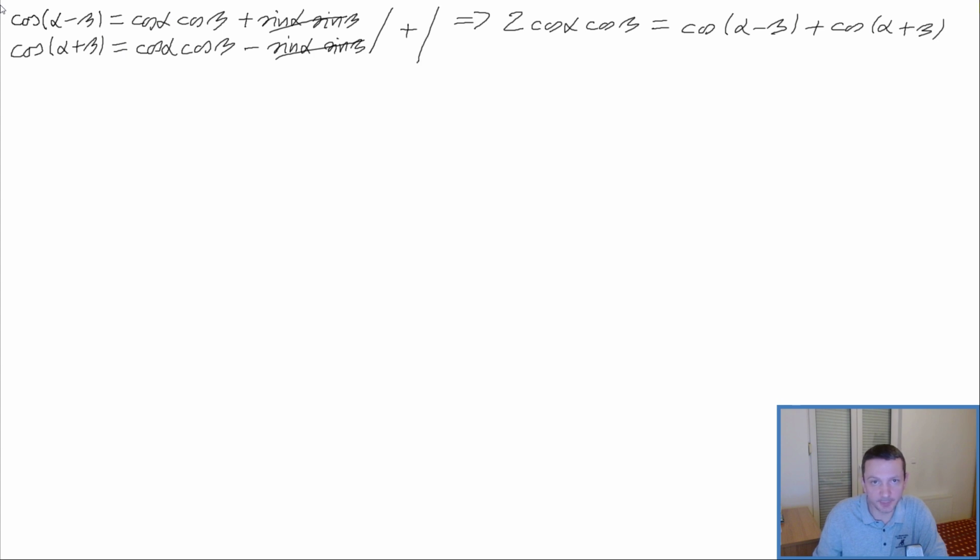And if we subtract those two formulas, these guys here will cancel, and we will obtain 2 sine alpha sine beta equal cosine alpha minus beta minus cosine alpha plus beta.